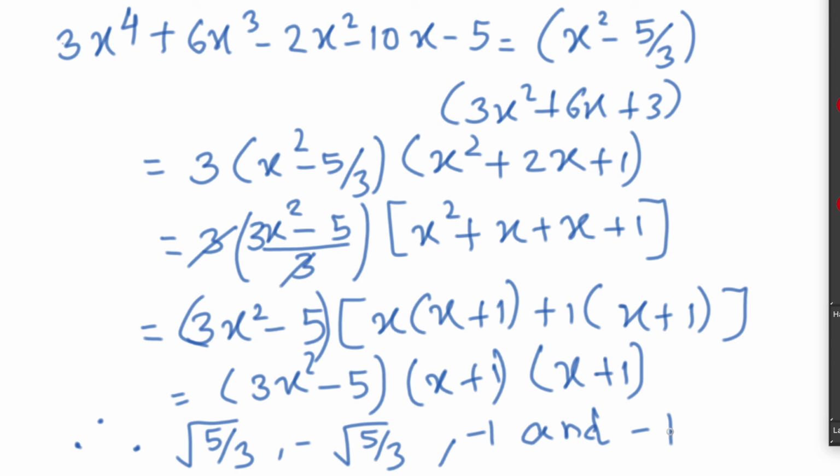Then we divide, and after dividing we get the quotient part. That quotient we factorize further. At last you see that two factors will be there, and the rest two factors we find from the quadratic equation. Therefore these 4 are the zeros of the given polynomial.